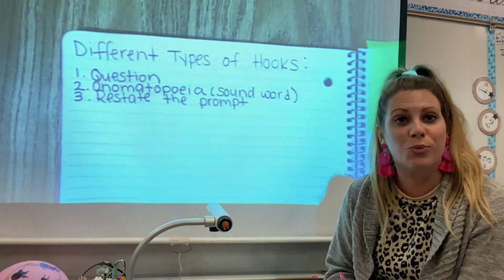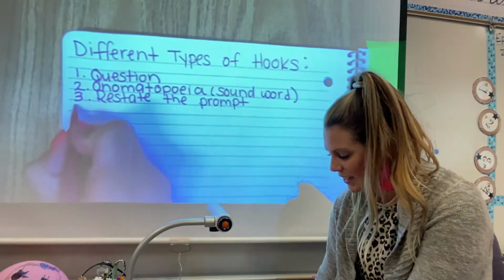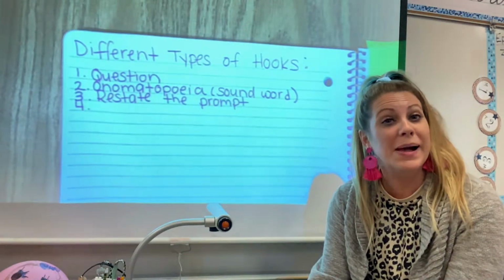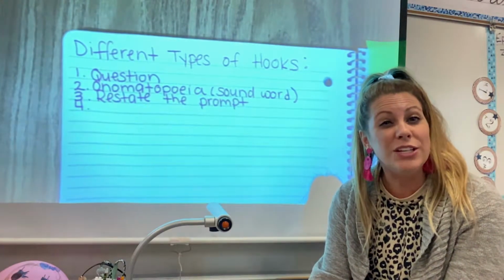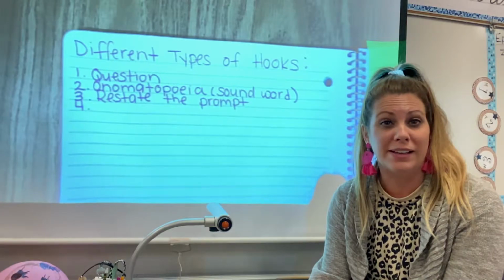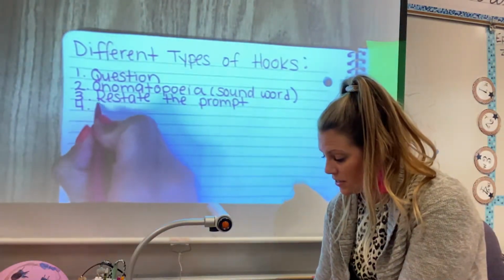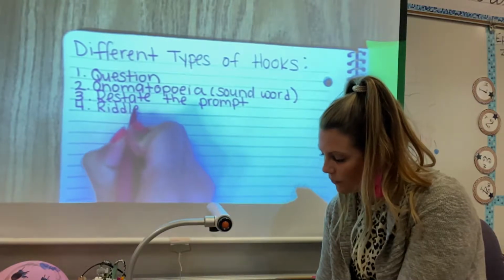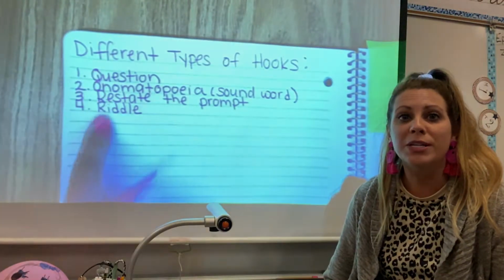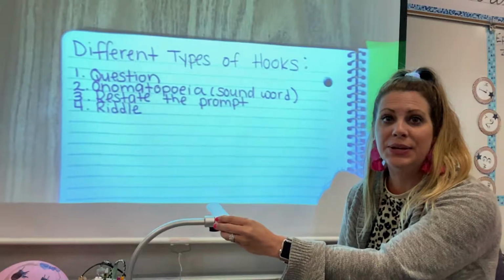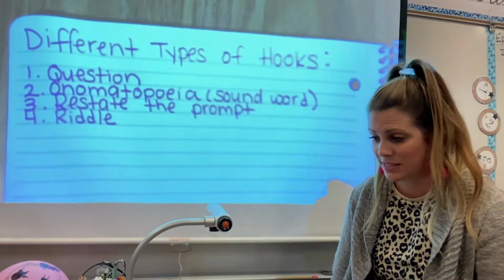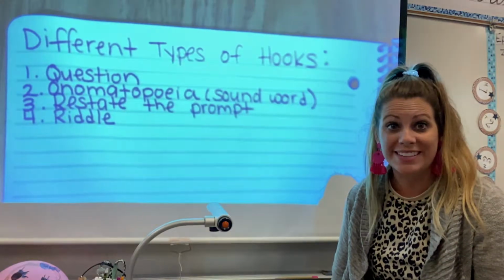And then the 4th one is always my 3rd grade friend's favorite, but sometimes you can't use this one in the types of writing, is a riddle. Okay? So we are going to dig a little bit deeper into each of these hooks.